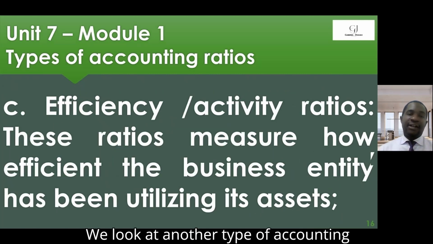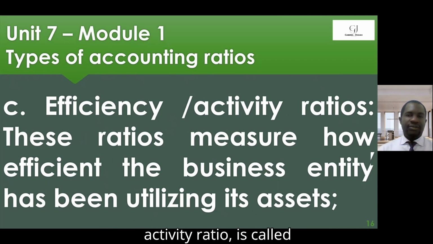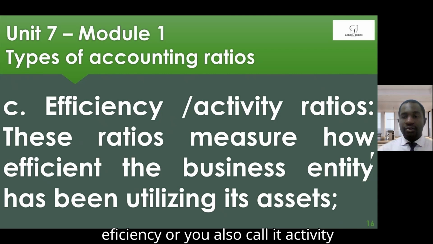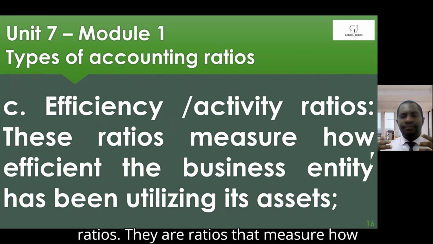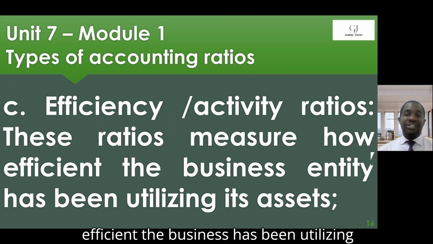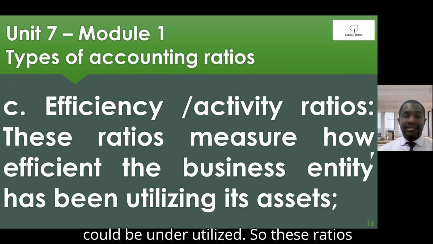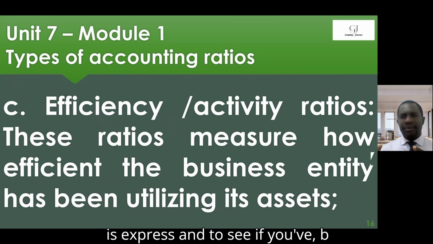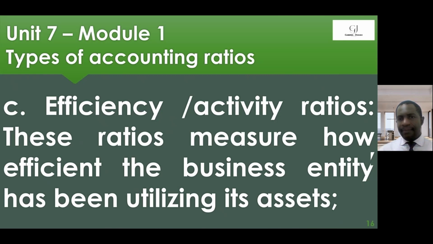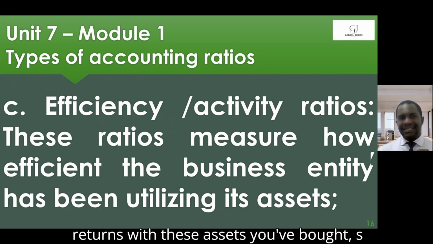We look at another type of accounting ratio, which is efficiency or activity ratio. You could call it efficiency, or you could also call it activity ratios. They are ratios that measure how efficient the business has been utilizing its assets. So you have assets and they could be underutilized. These ratios express, by percentage, how you're able to generate returns with these assets you bought.